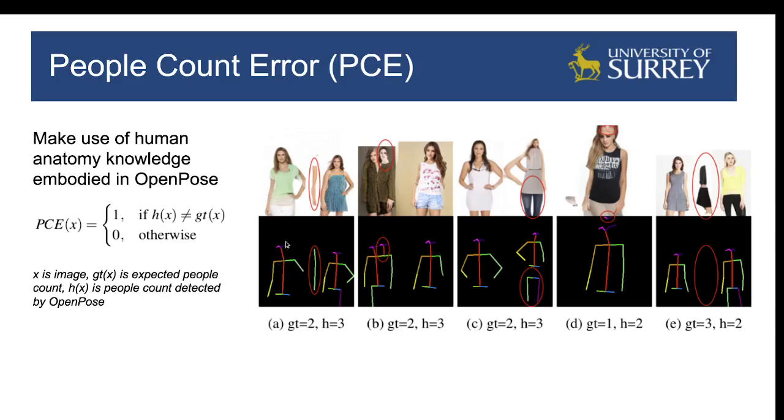All the keypoints here belong to this person, and all the keypoints here belong to this person. It detected an additional arm that cannot belong to either of these two people, so it allocates it to a third person, which of course doesn't exist. Because of this discrepancy in the numbers, we know there is an error. So this is a new method to detect errors in the people in generated images. There are more examples here that you can look at.